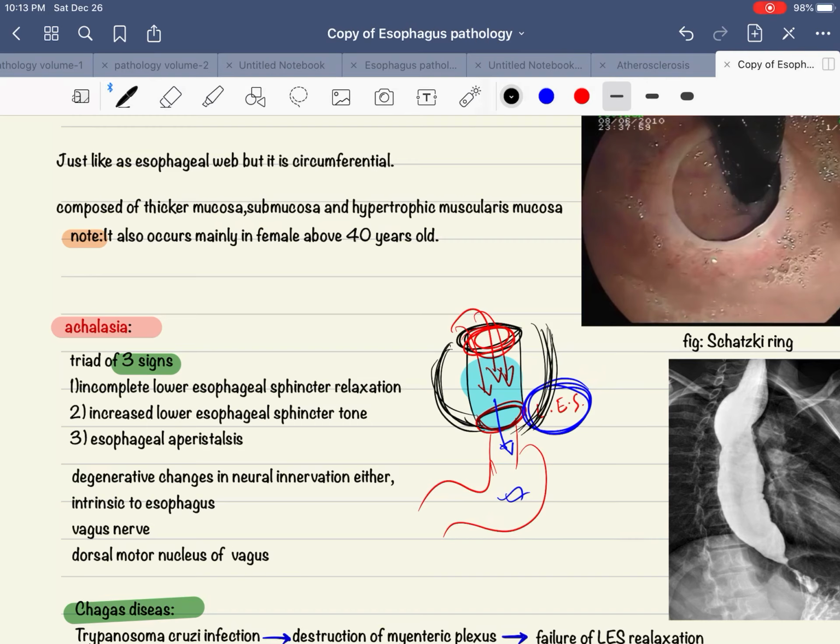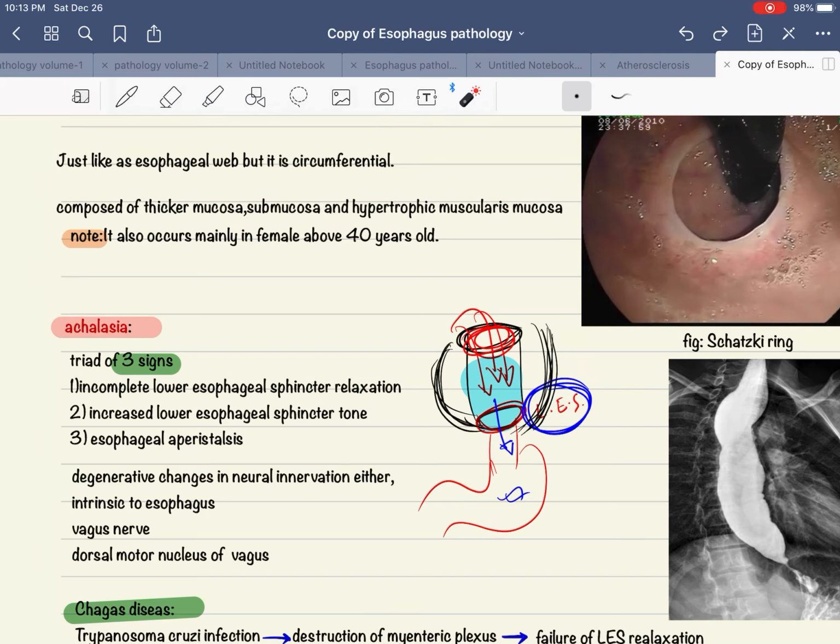So increased lower esophageal sphincter tone, this is number one. Another is incomplete lower esophageal sphincter relaxation. Actually this and this indicate the same thing. And number three is esophageal aperistalsis. You know that A means absence.